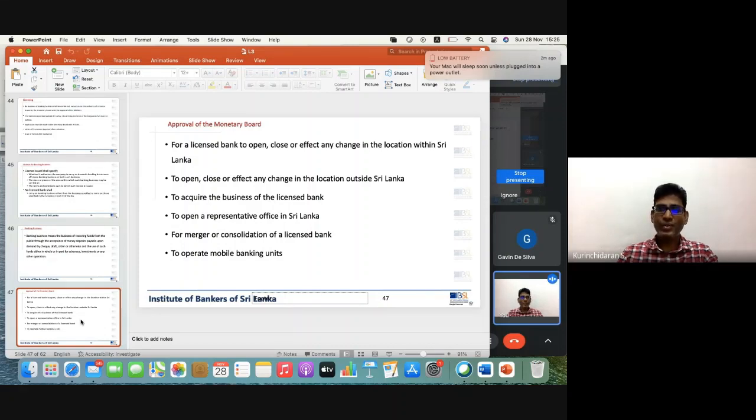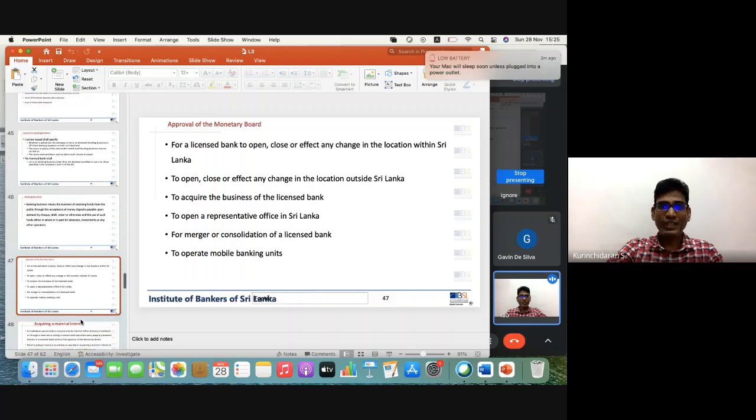If you're going to have a mobile banking unit without approval, then that's a problem. Banks nowadays started mobile banking units, especially during COVID, and approval was given for the banks to do that. So every time you have to get the proper approval.